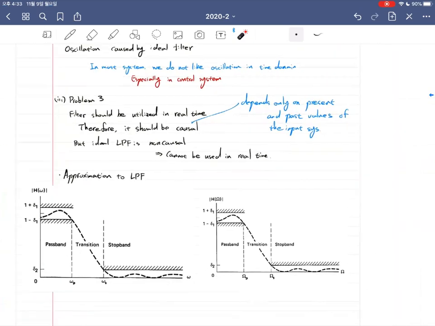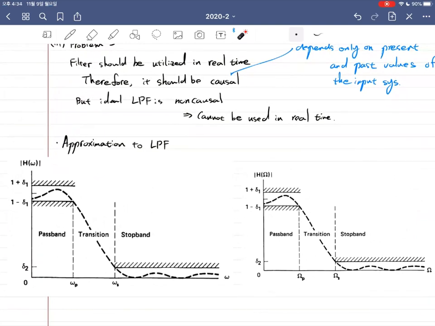So to prevent that, the approximated version is made with this smooth shape, so that if you do the inverse Fourier transform, you will not get an oscillatory trajectory for the h of t. So that's the reason.